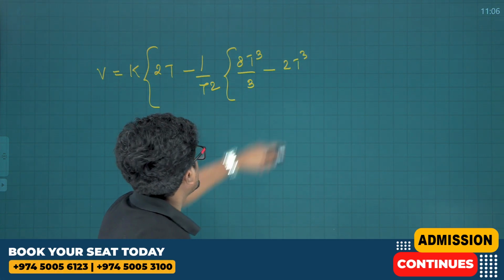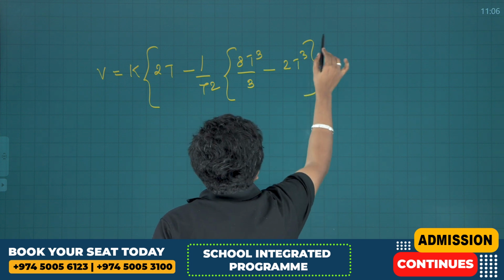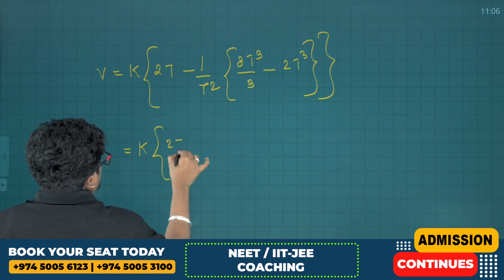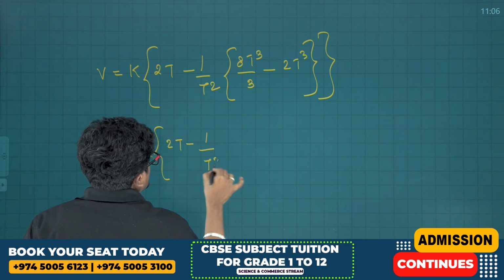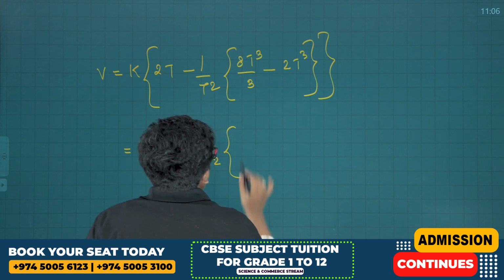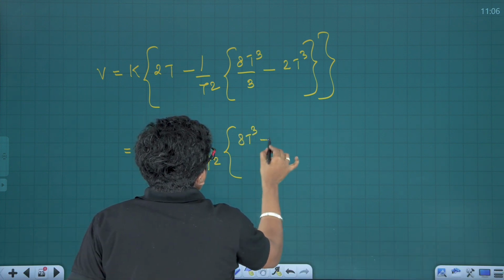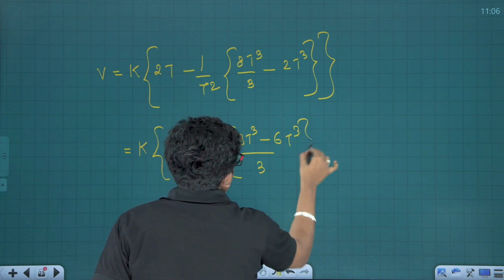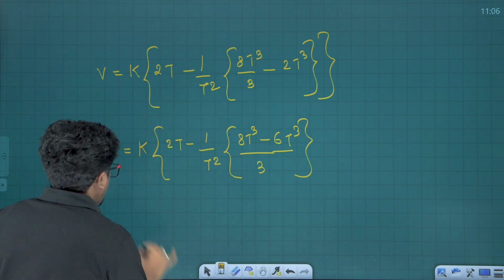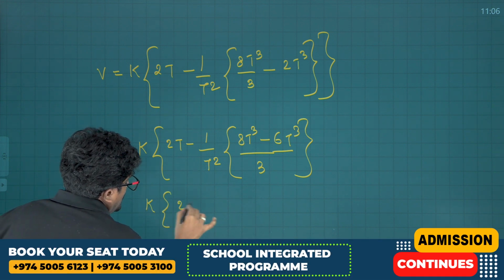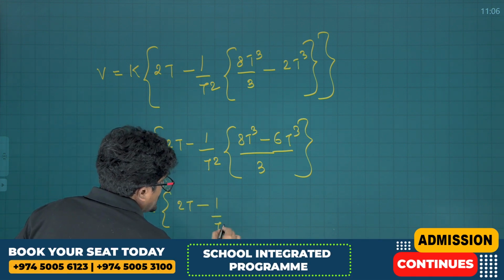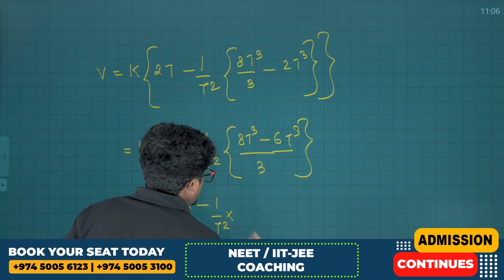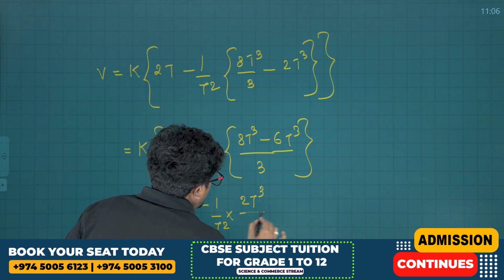That's why this is minus 2t cube. Alright. Now further I solve this. Here this is going to be k into 2t minus 1 upon t square into 8t cube minus 6t cube all divided by 3. Solving this, here this is supposed to be 2 into 2t cube divided by 3.